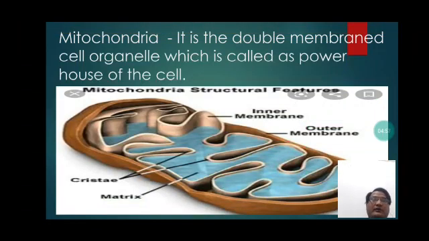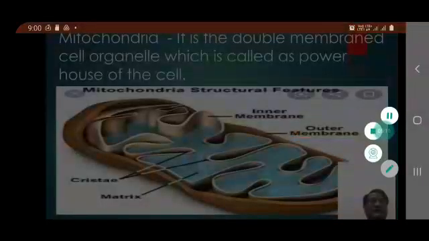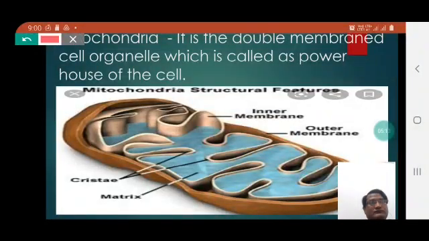Mitochondria. It is the double membrane cell organelle, which is called as powerhouse of the cell. So students, mitochondria has two membranes which envelop the mitochondria.